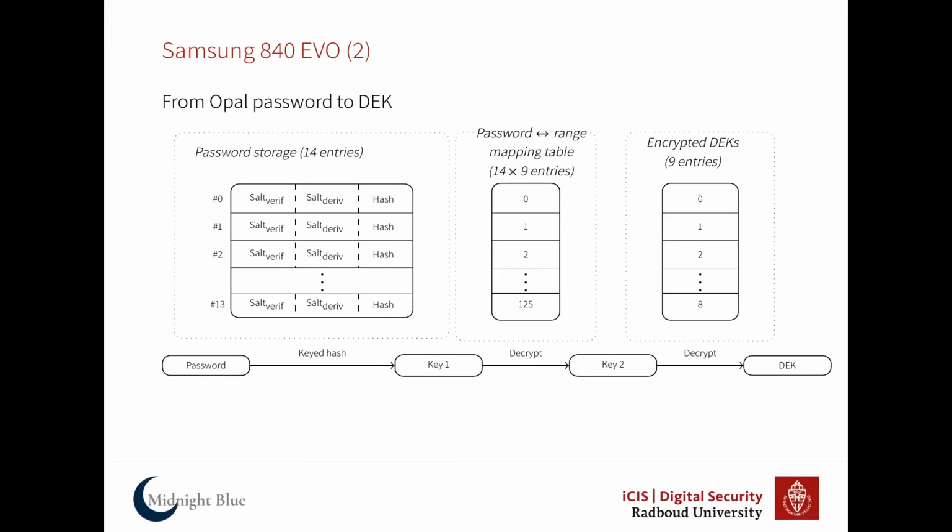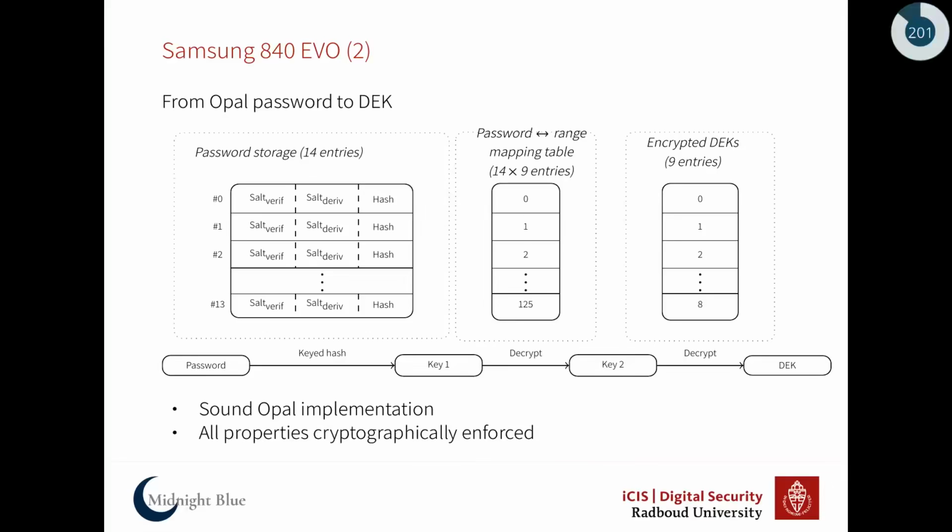So this is how you properly implement Opal. They actually use a 64K blob in order to store all of this data. And then you get all of the proper cryptographically enforced properties. So congrats to Samsung, they did it.